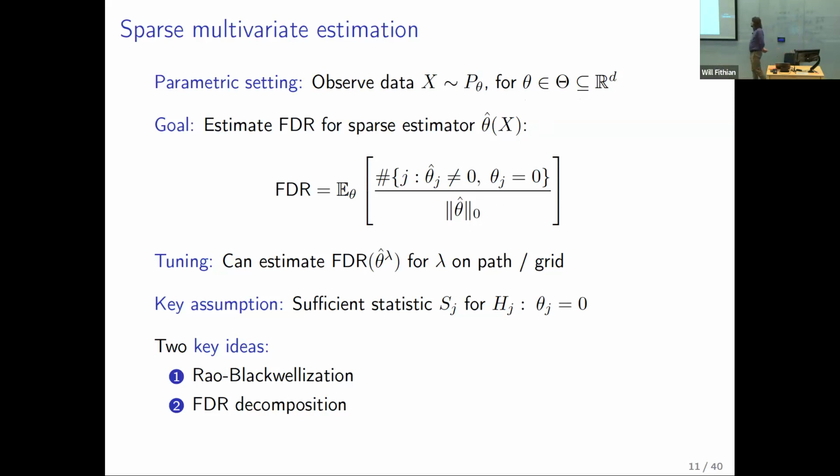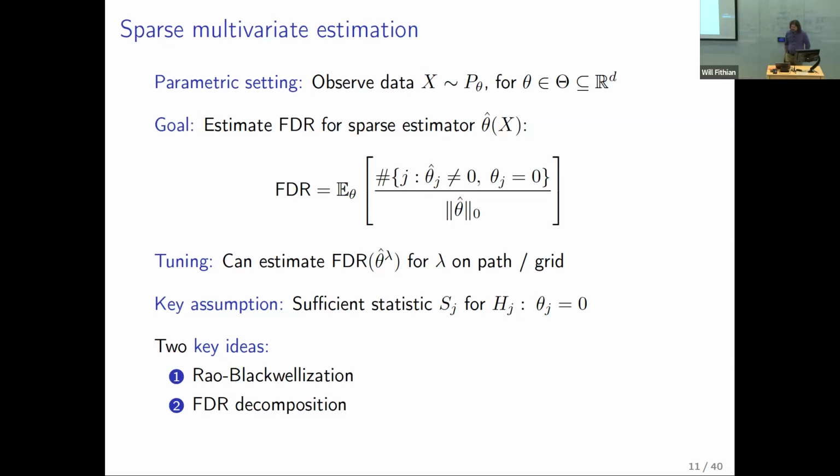So there's some notion of variables that are selected and variables that are not selected. Then we can define the false discovery rate if we think of a variable being selected as being like a rejection of a null hypothesis.